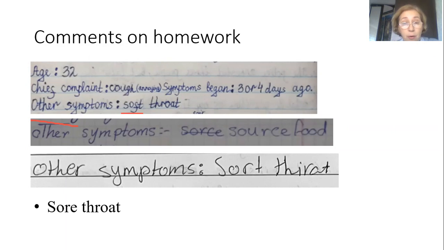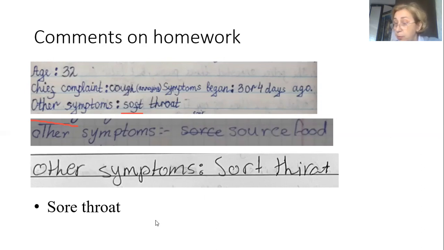Of course, it's wrong. If you are not sure about the spelling of the word, what should you do? You should consult the dictionary. So please be careful about this, and you can see the correct spelling of the word. It should be "sore throat."